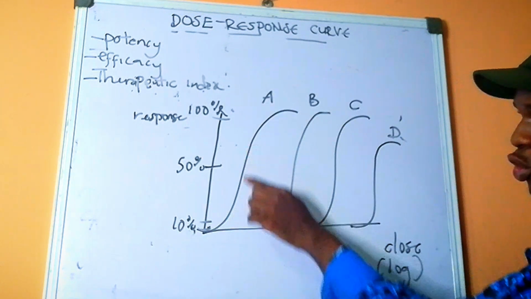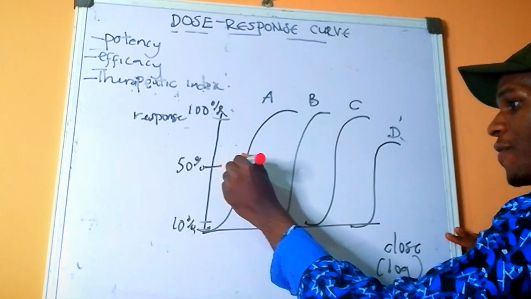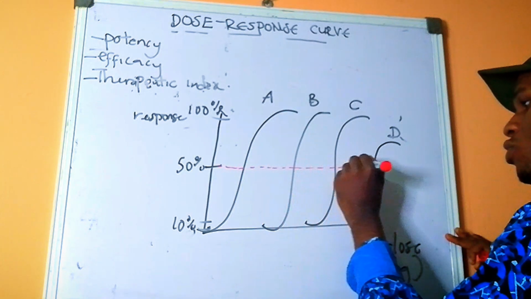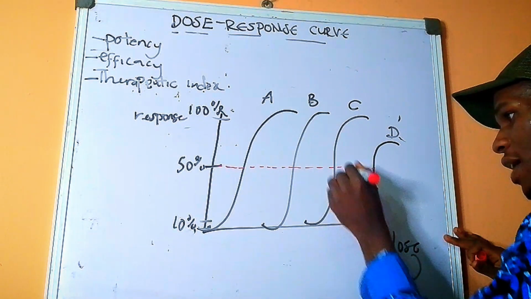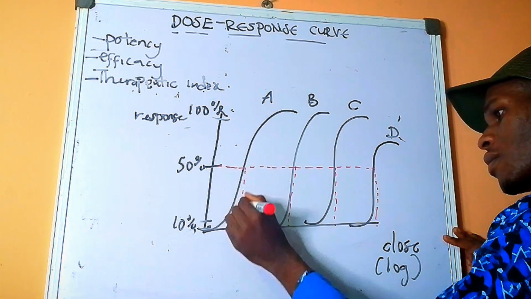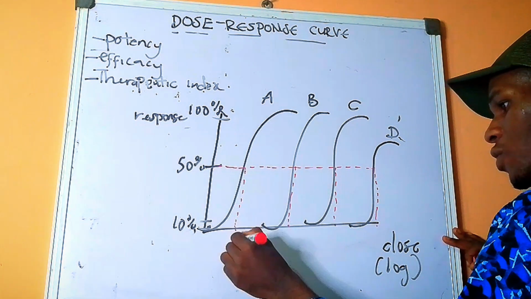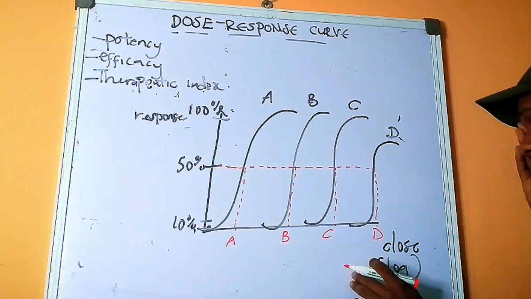That means we require a lower dose for 50% response. So I'm going to trace my 50% to all these curves, and I'm going to see what are their doses. So this is for dose A, dose B, dose C, dose D.